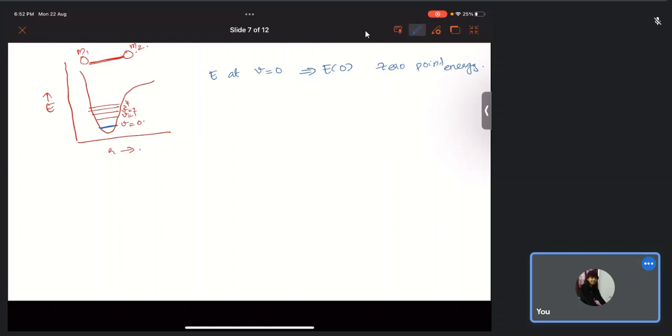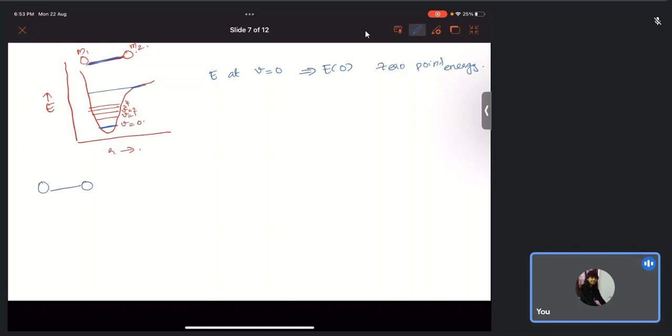And so you have a maximum energy after which the bond won't be there, which basically means we are going to break this bond.